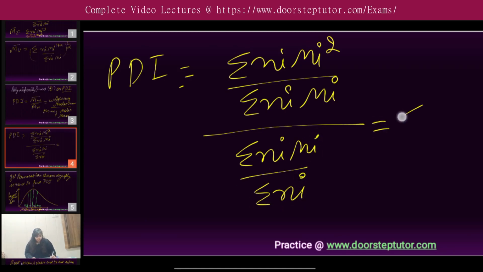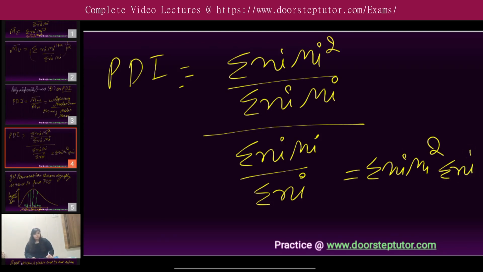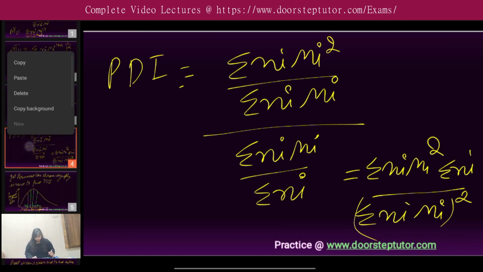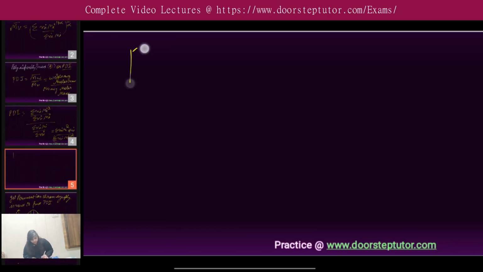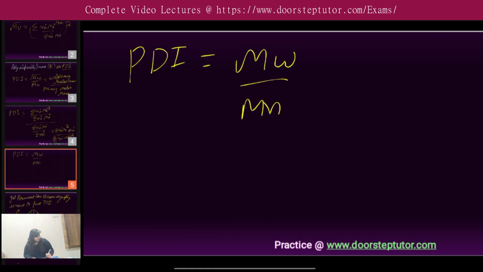So overall it becomes summation of Ni Mi square into summation of Ni in the numerator, and in the denominator summation of Ni Mi, this complete square. Okay, so this is the formula for calculating the PDI, or we can write it as Mw upon Mn.